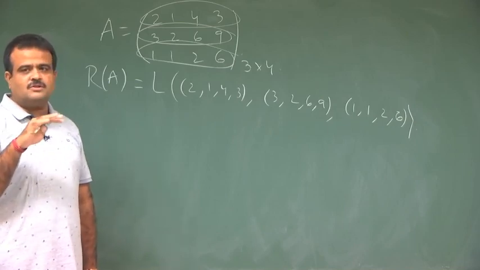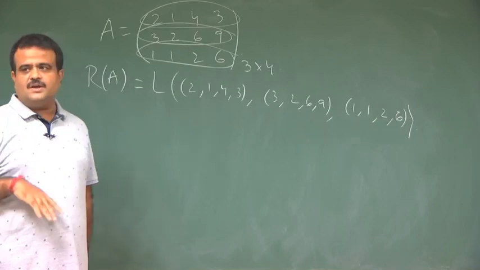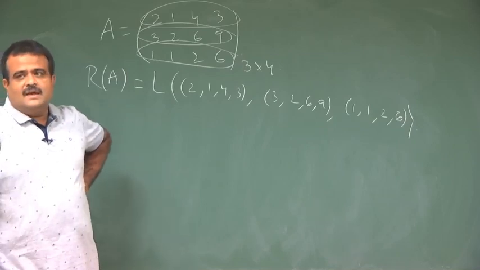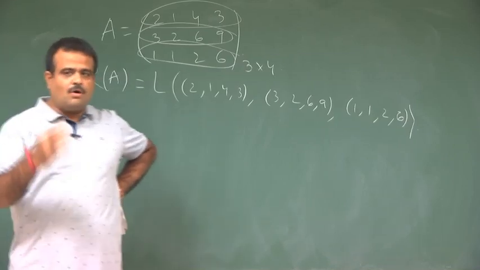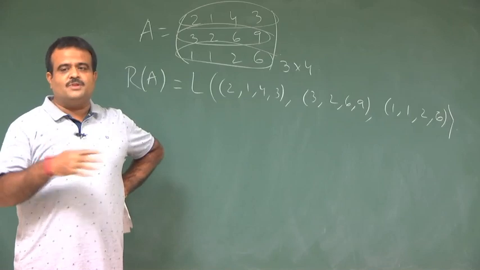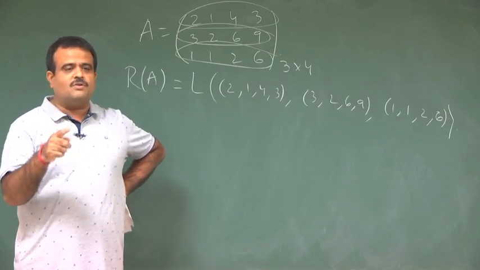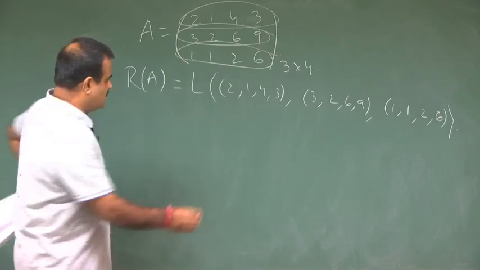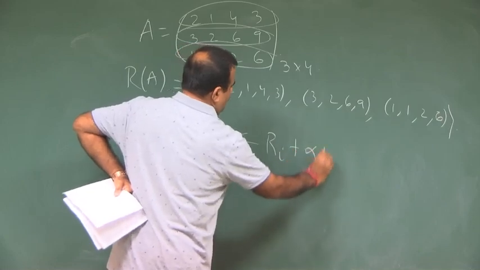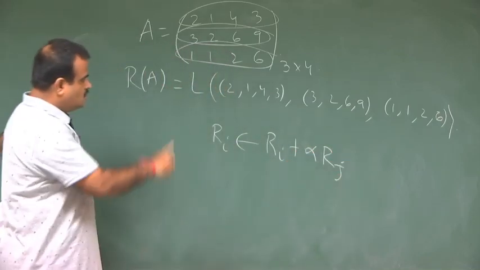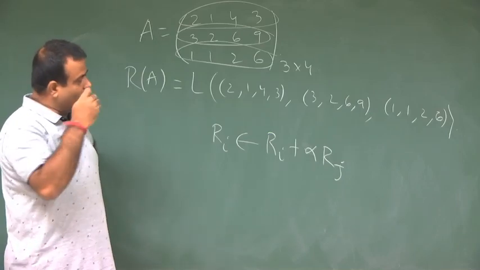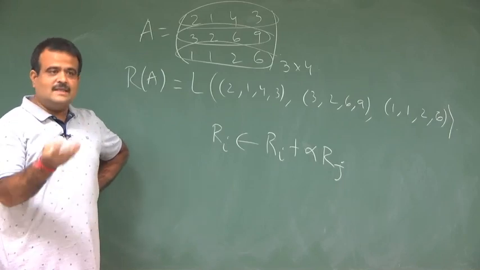When we apply a row operation, we are again taking a linear combination of the rows: replacing R j by R j plus some alpha R i is a linear combination of the rows, exchanging 2 rows is nothing, and multiplying a row by a constant is again a linear combination of the rows.